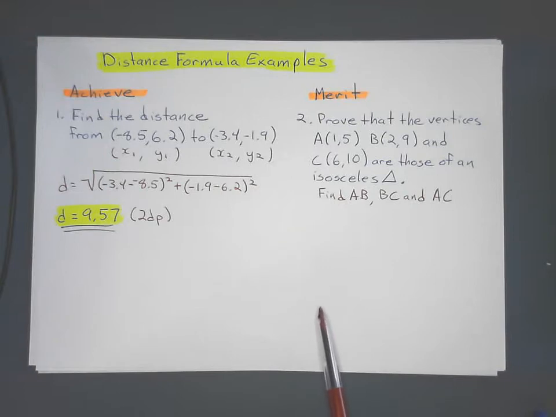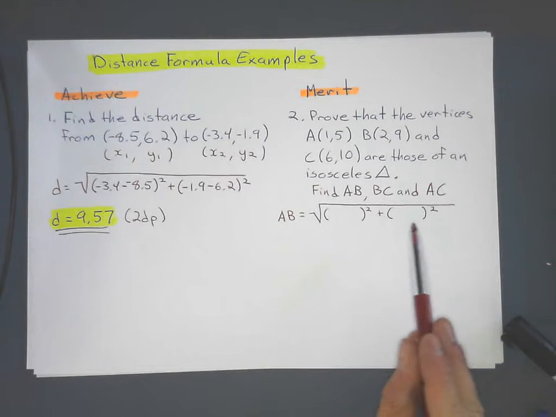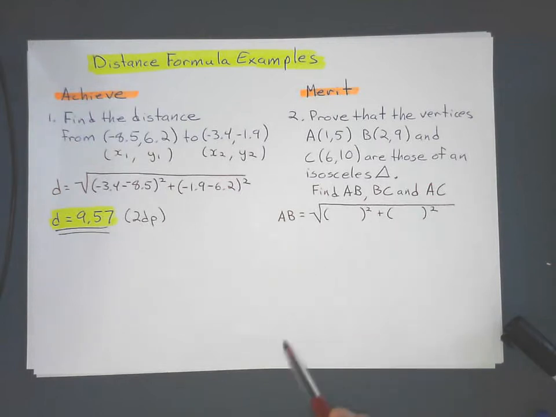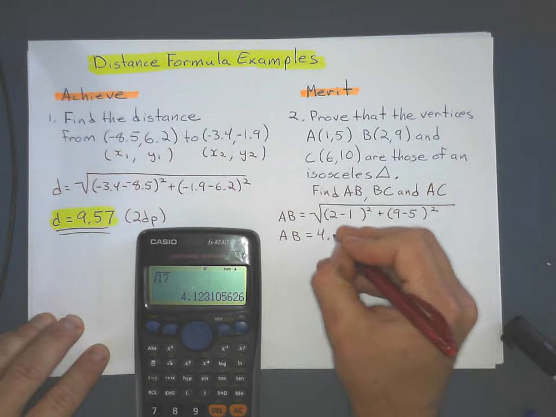Kind of time consuming. So let's see what we get for that. AB is 4.12 to 2 decimal places.